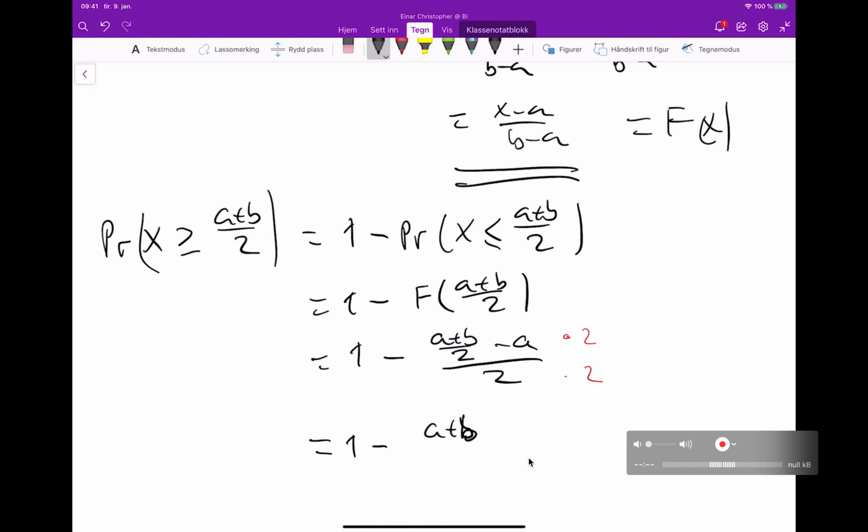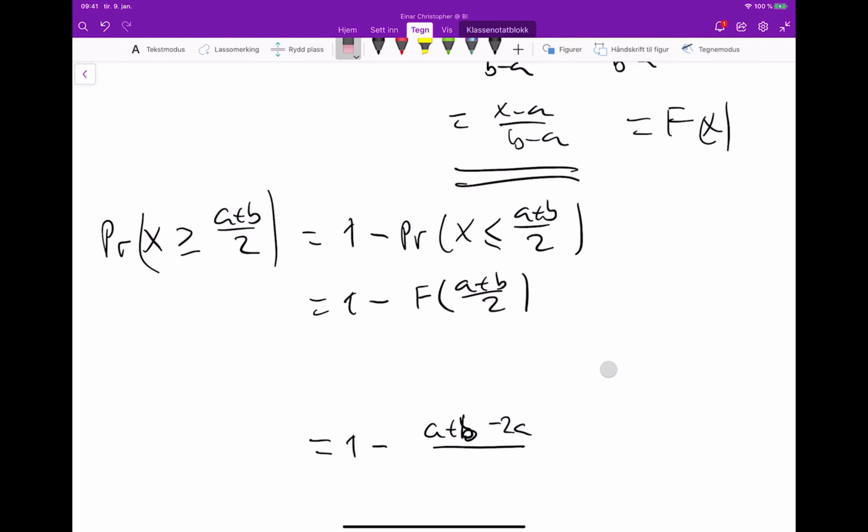Times 2, and we get minus 2a divided on 4. Sorry, but here it just happened some problems. So I haven't filled in right. So let's do it again.